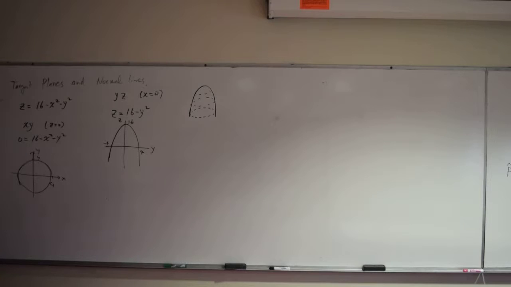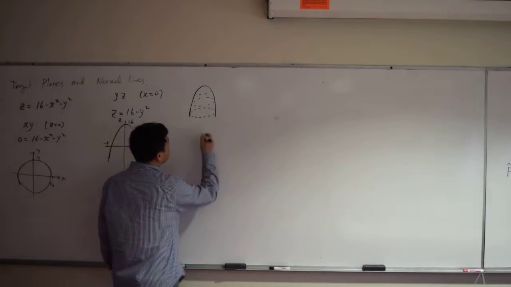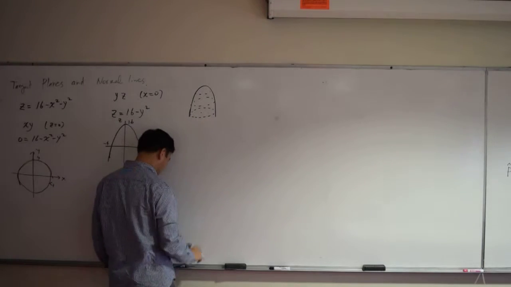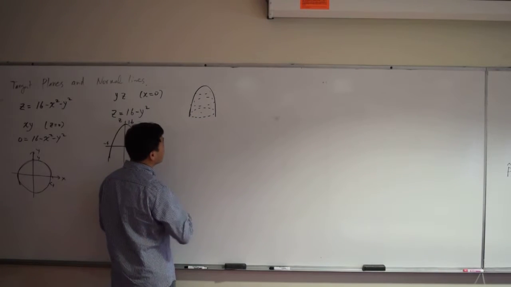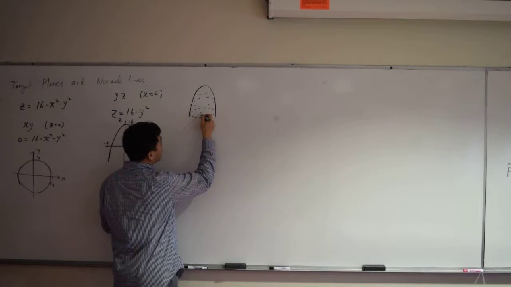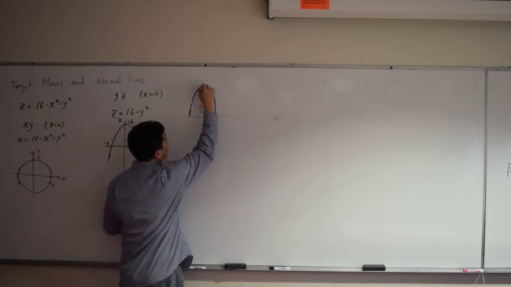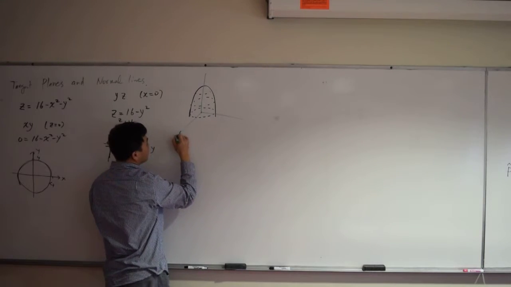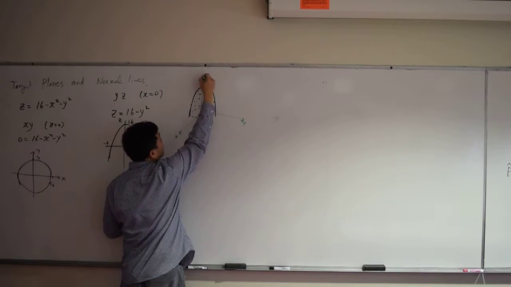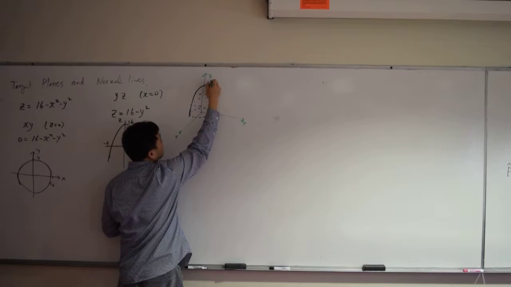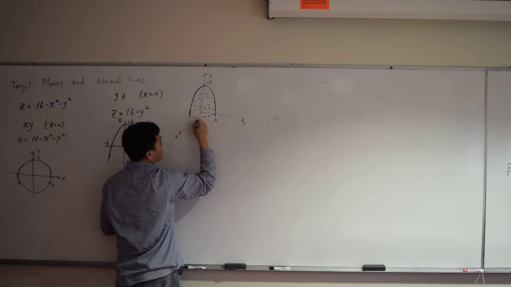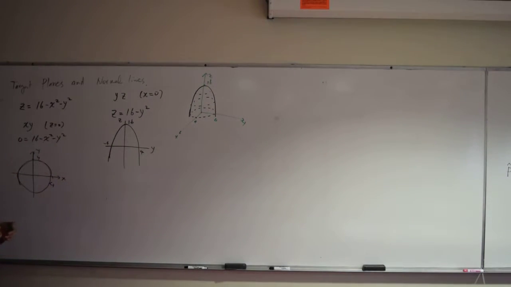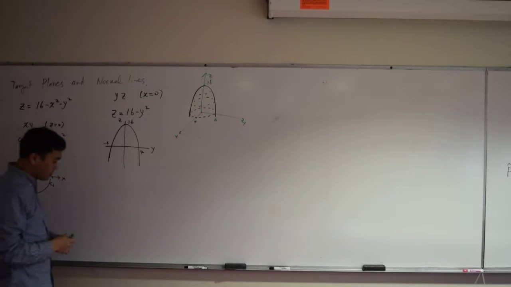What is this thing called? Paraboloid, right? It's a paraboloid. And if I draw in the axes, it's like this. If this is x, that's y, and that's z. There's 16, and it's 4 and 4. That's the type of surface that we have.